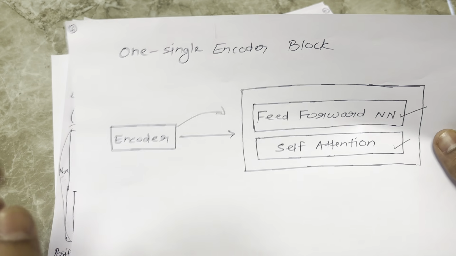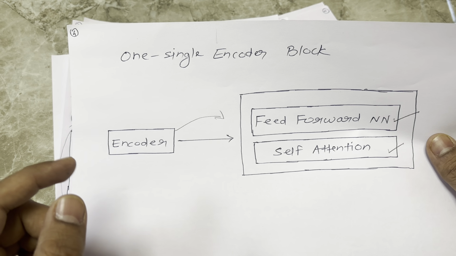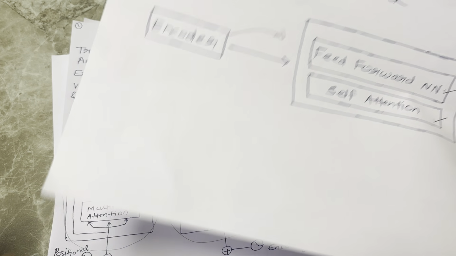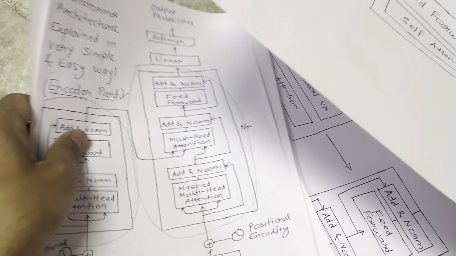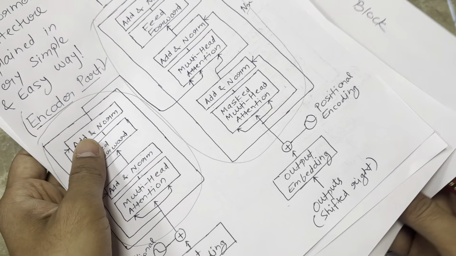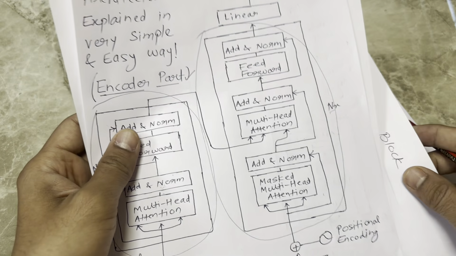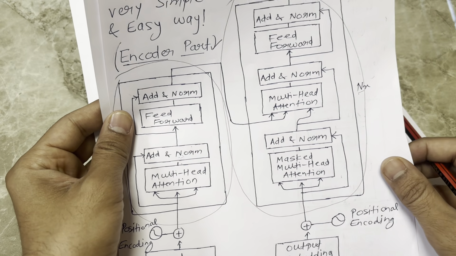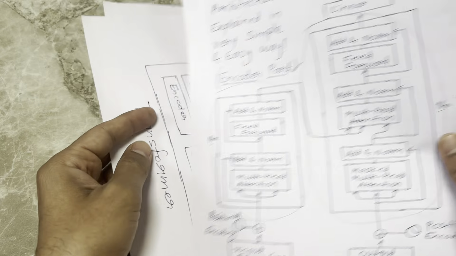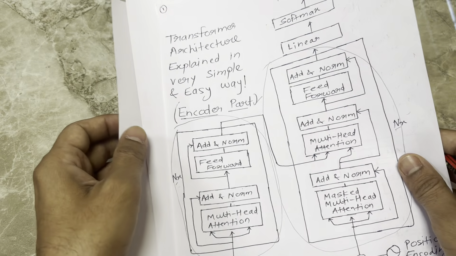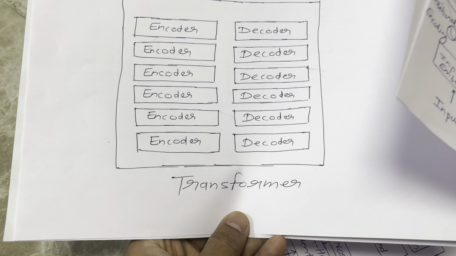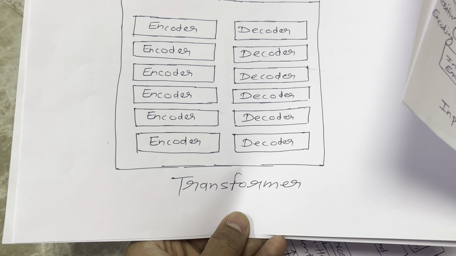Next, let me explain how data flows through the complete encoder. Okay, let's discuss that with a very simple example. Your sentence enters the first encoder block. See, as I've told you, there are 6 encoders and 6 decoders. So your sentence enters the first encoder block.